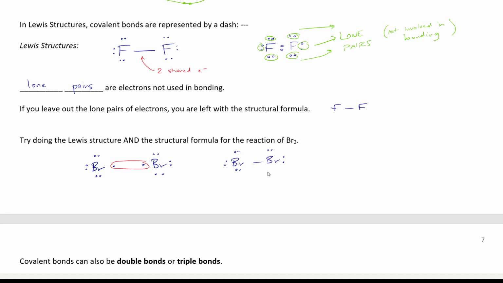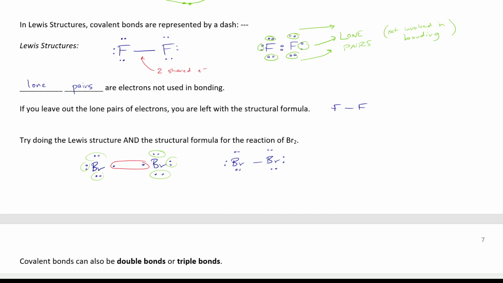And again, it's a molecule because it is a particle made up of two atoms that are bonded together in a covalent bond, right? Those are the shared electrons. Notice again that bromine has these lone pairs here that were not involved in chemical bonding.